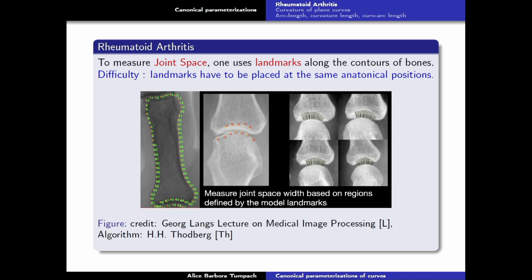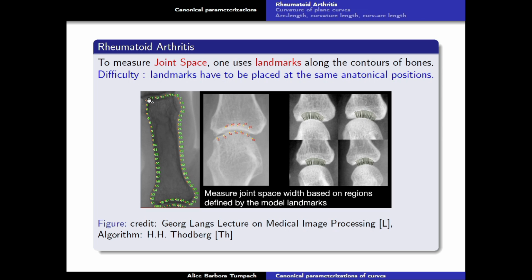Anyway, the way the university or the hospital in Vienna is doing it, they are using an algorithm that places the landmarks in a way that is geometrically meaningful.